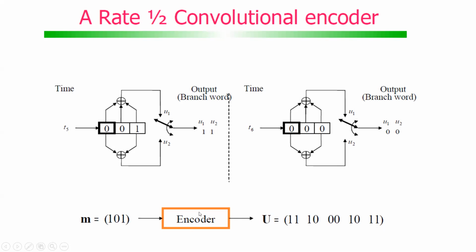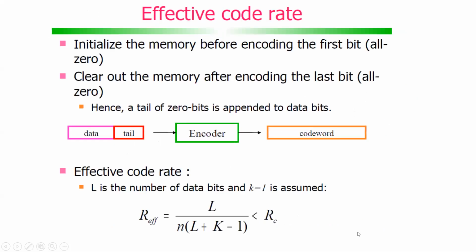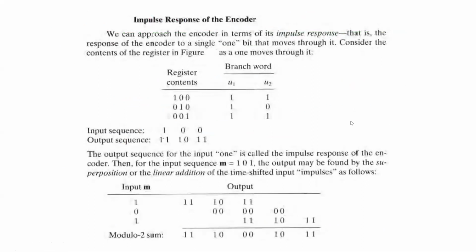Corresponding to a message vector of 101, 3 bits, a code word of 10 bits will result. Now, why are this type of codes called convolutional codes? I will explain the meaning of the convolutional code with the help of the same example when you give 101 as the input.